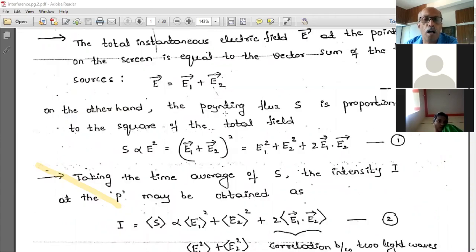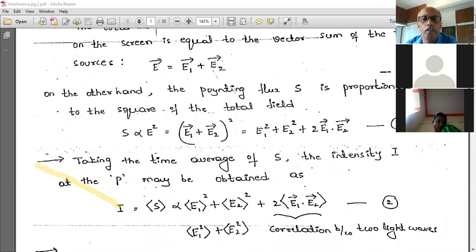Also, the Poynting vector S is proportional to the square of the instantaneous electric field at point P. Therefore, S is proportional to E square, where E is E1 plus E2. Squaring, we get E1 plus E2 whole square, which equals E1 square plus E2 square plus 2 E1 E2.